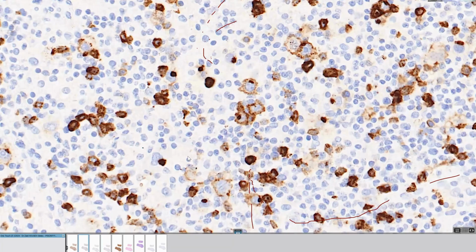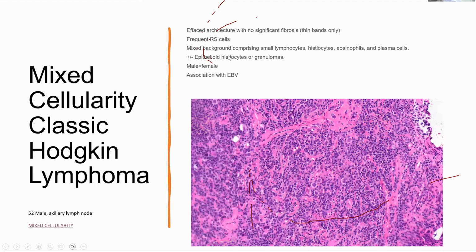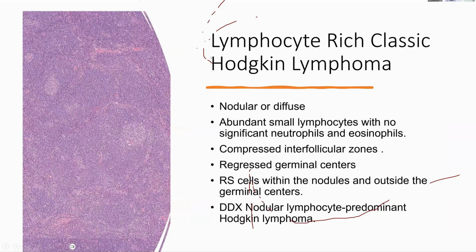All right, so that's the mixed cellularity. And then you will have the lymphocyte-rich classic Hodgkin lymphoma. It can be diffuse, it can be nodular. The hallmark of this is the abundant lymphocytes with no significant neutrophils or eosinophils in the background. So you don't see that mixed population of cells, mostly lymphocytes only. You will have compressed interfollicular areas and regressed germinal centers, as you see here in this picture.